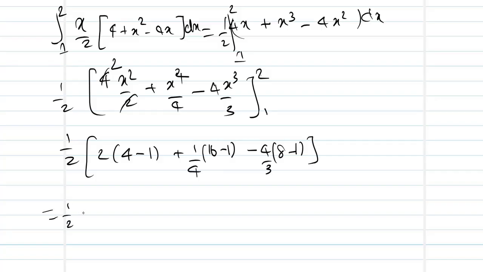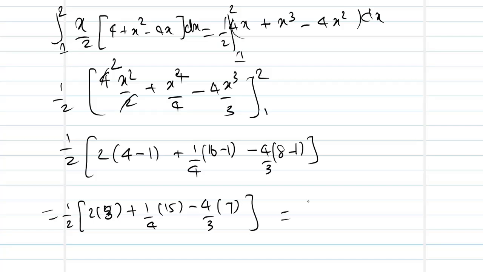So we have this as 1 by 2, 2 into 4 minus 1 is going to be 3, plus 1 by 4 times of 15 minus 4 by 3 times of 7. So we take the LCM, 4 threes are 12 is going to be our LCM. So on simplification, we have this to be equal to 5 by 24. So this is my value for I2.